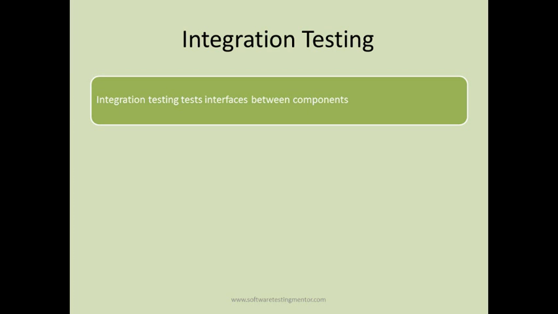So integration can be done by integrating multiple classes, or by integrating just two complex classes, and then testing how the integration works between those two classes. So it depends. There are a lot of different ways to do integration testing. The core idea of integration testing is to test the interface when you integrate the smaller units into a bigger chunk.